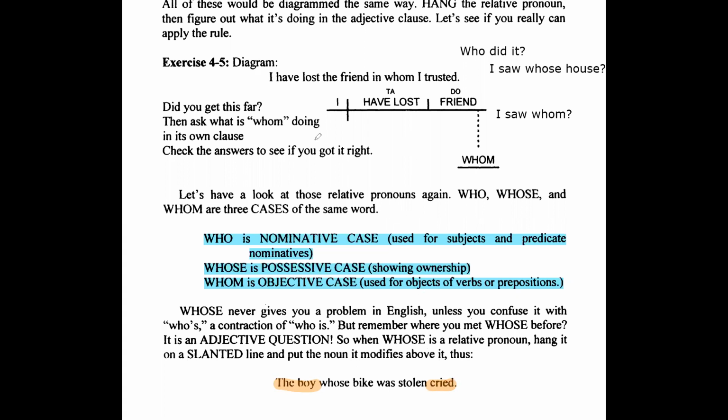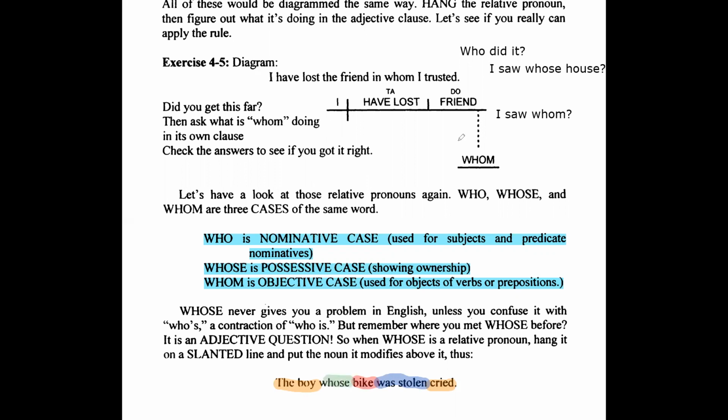What's the subject of the relative clause? Pay close attention. What was stolen? The bike. So that's the subject. The main verb was stolen. Main verb and helping verb was stolen. So what's whose doing? Well, it's modifying bike. It's an adjective. So how are we going to diagram it?